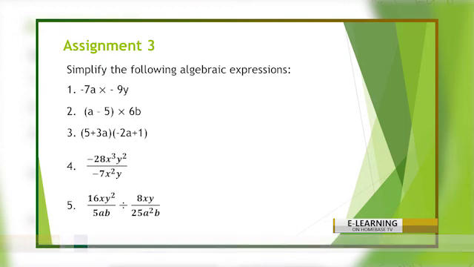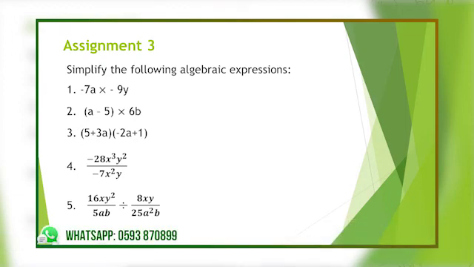The fourth one, we have negative 28x to the power 3, y to the power 2, all divided by negative 7x to the power 2 times y. And the last but not least, you have 16xy squared divided by 5ab, all divided by 8xy divided by 25a squared b.